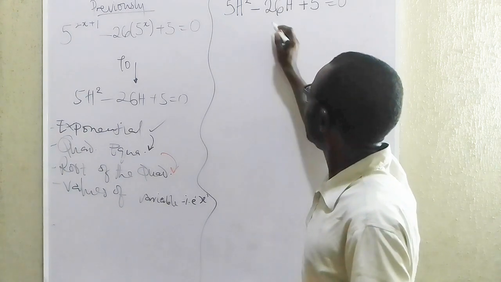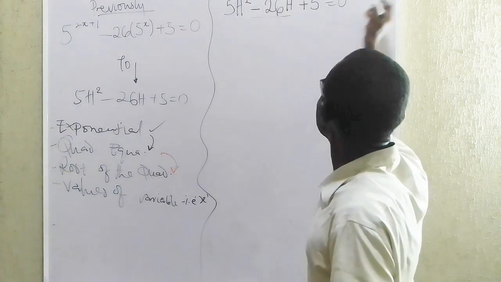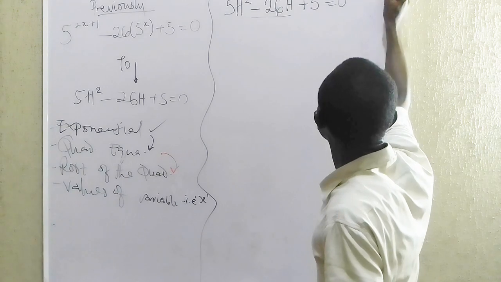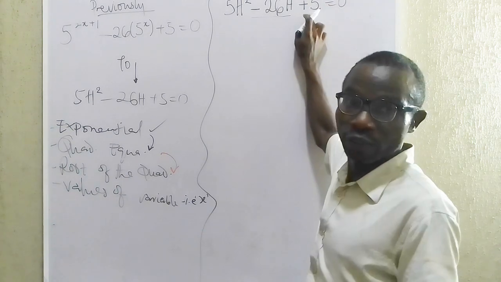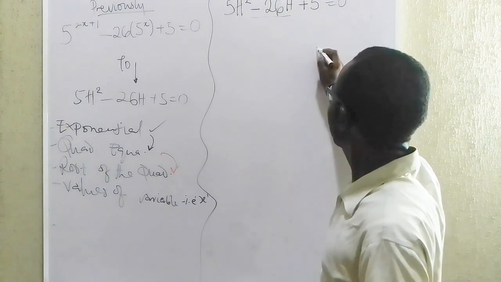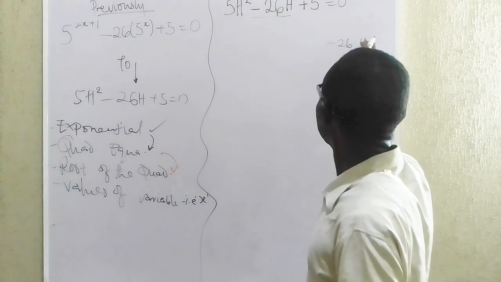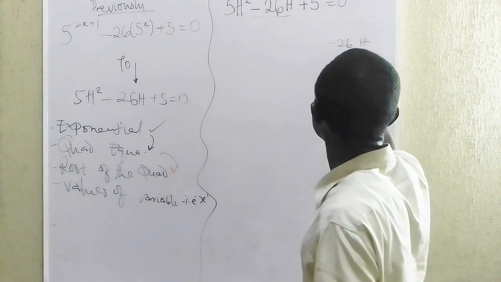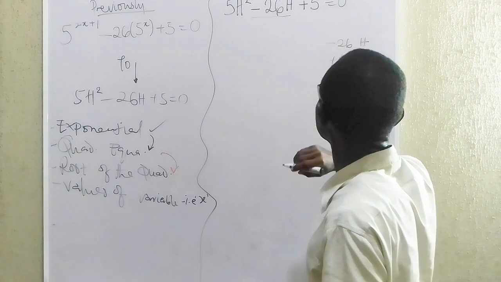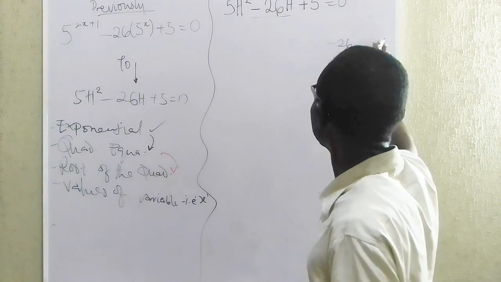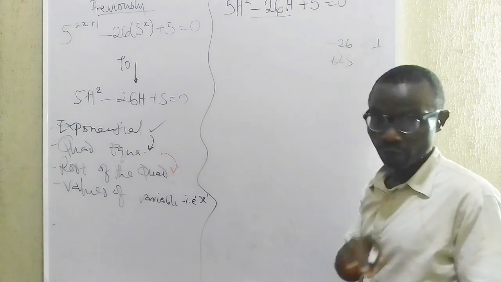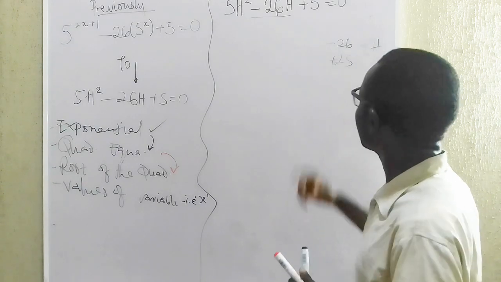Now, what we'll do is look at this value here, and then this one. This one is assumed to take the place of this one. So, when we bring it out, we'll have minus 26h, or let's leave the h, and then 25 plus 5. Now let's leave the h for a while. What are we doing?